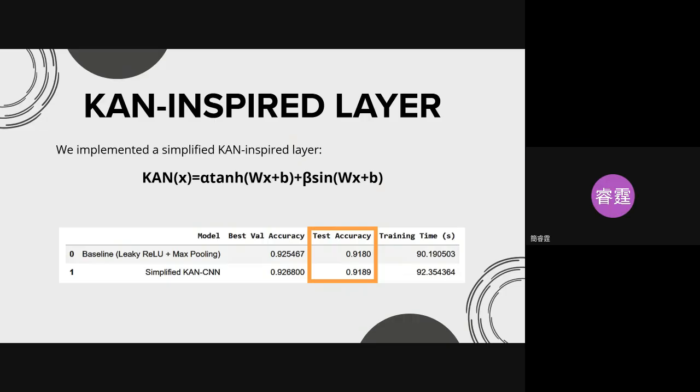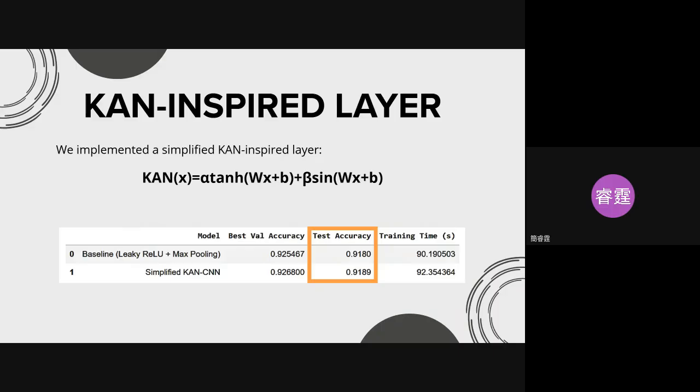The purpose of this layer is to make the fully connected part more expressive. Instead of only using one simple linear transformation, we add a non-linear function to help the model learn more complex patterns. From the results table, the simplified KAN CNN slightly outperforms the baseline.